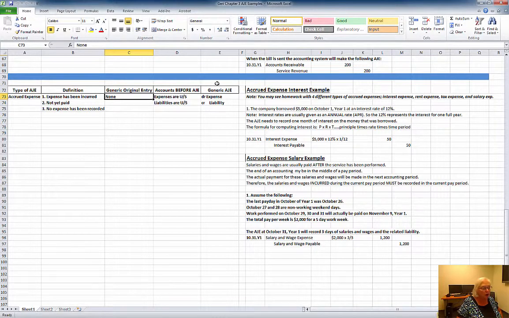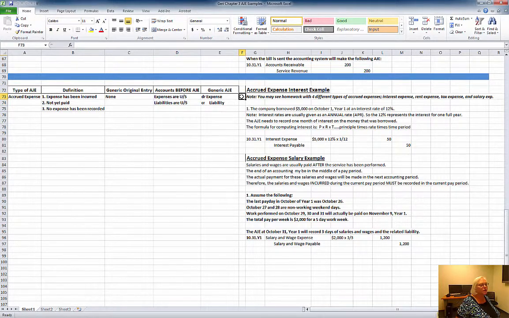If we do not make our adjusting entry and we do not increase our expense account, then our expenses are understated or too low. If we do not make the adjusting entry and increase our liability, then our liabilities are too low and are understated. So again, both expenses and liabilities are understated.